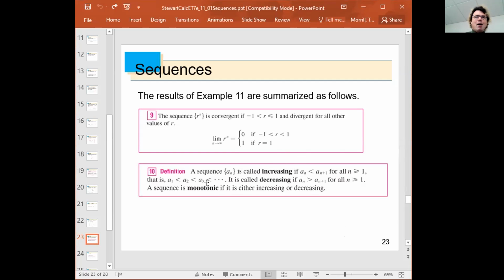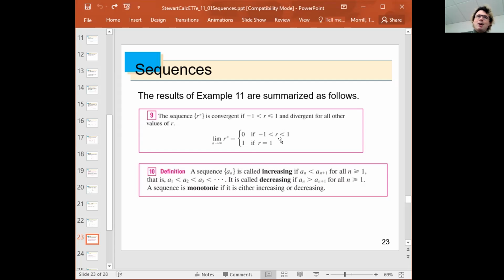So we call a sequence monotonic if it's either increasing everywhere or it is decreasing everywhere. So some of these sequences are increasing, right? Because every next number in the list of numbers is bigger than what came before. Some sequences are decreasing because every next number in the list is smaller than what came before.